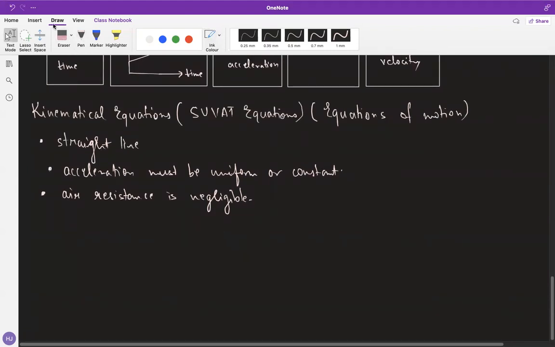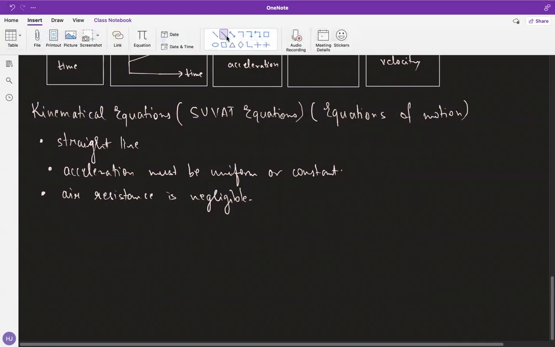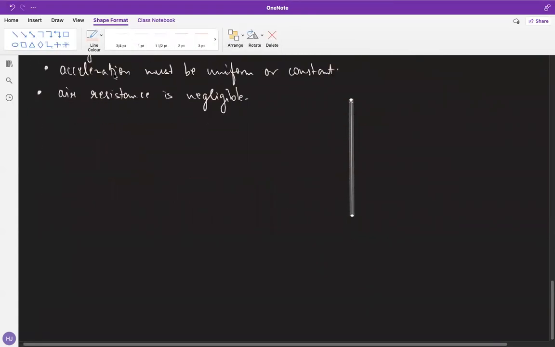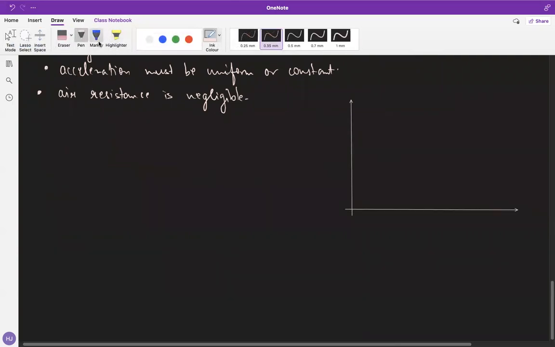So we are going to be referring to the graph over here for velocity versus time. As far as exams are concerned, derivation is not mandatory for you to know, but if you understand the derivation, you can solve graph-based questions relatively more easily. The y-axis here is velocity, the x-axis here is time.